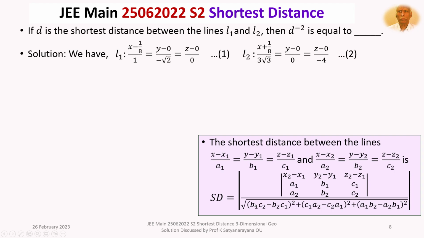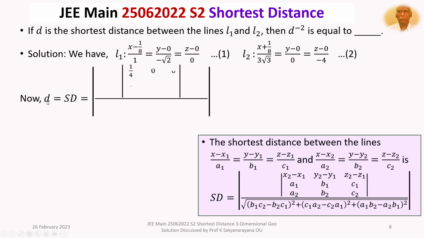This is actually the square root of the sum of (b1c2 − b2c1)². And we know everything: (x1, y1, z1) is (−1/8, 0, 0), (x2, y2, z2) is (1/8, 0, 0), (a1, b1, c1) is (1, −√2, 0), and (a2, b2, c2) is (3√3, 0, −4).